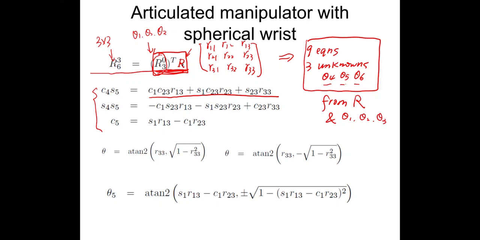Okay, so now let me skip this calculation procedure, because you can quickly use MATLAB to solve those. So finally we will be able to calculate this theta 5. Theta 5 equals this whole thing, involving sine theta 1 and R13, which is a real number, so we can calculate theta 5.